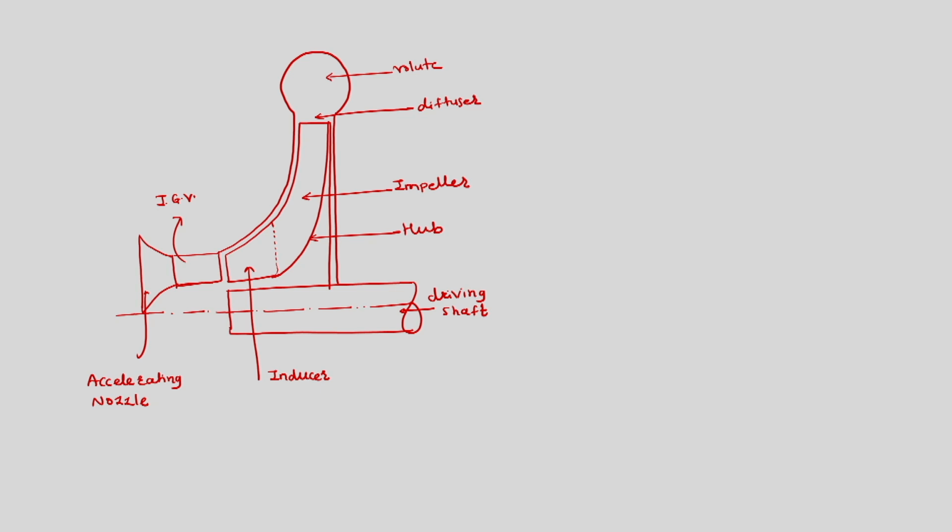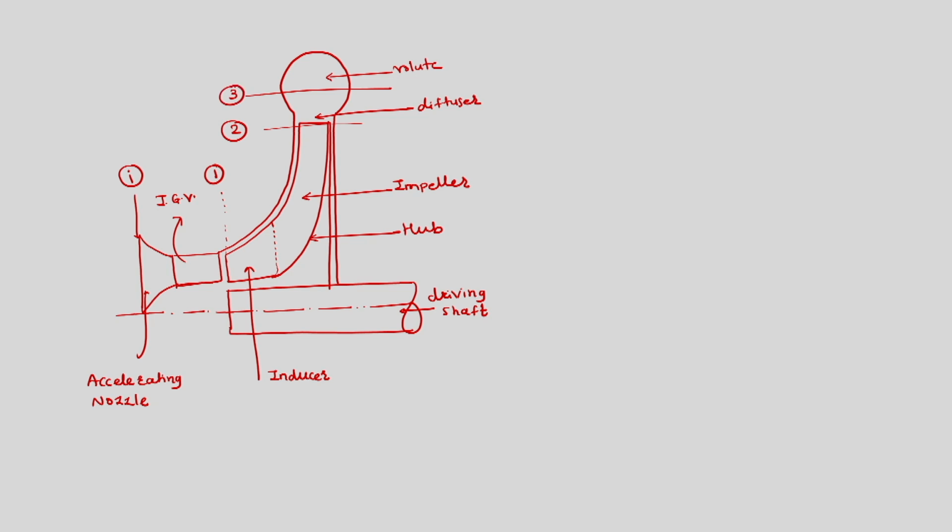Here we will consider this as station i, then the station at the entry to the inducer is 1, then at the exit of the impeller we have 2, and then we have 3 in the volute.